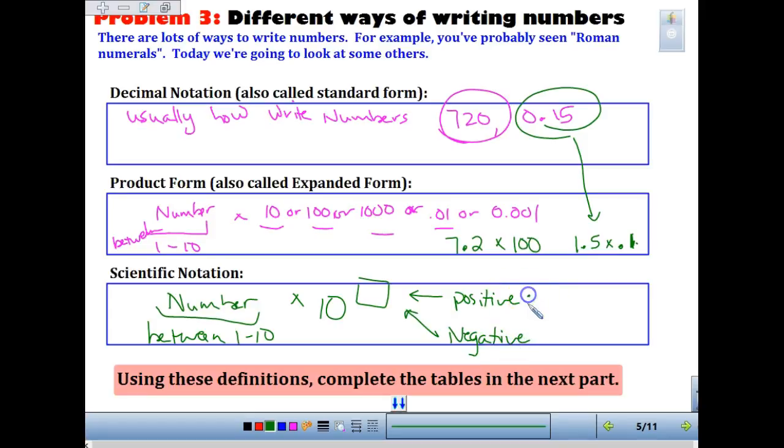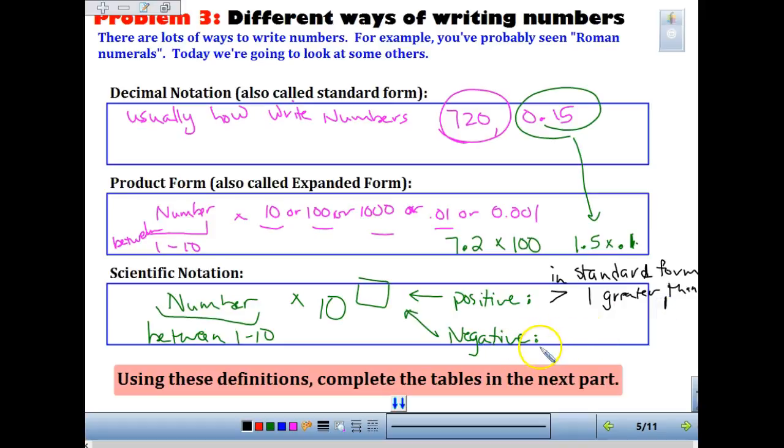How do we decide if it's going to be positive or negative? When I think of the numbers up here in standard form or decimal notation, it's going to be positive if that number is greater than 1. So please write positive exponent if it's greater than 1.